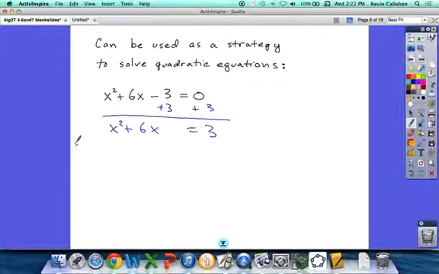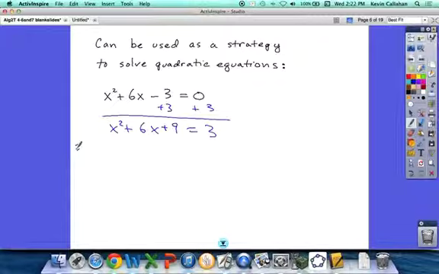Okay. Now I'm going to go through that process and figure out what constant I will add to the left to create a perfect square trinomial. Half of 6 is 3. 3 squared is 9, right? But now the difference between what we were doing before, we were just playing around with expressions. This is an equation. You can't just add 9 to one side of the equation without doing what?